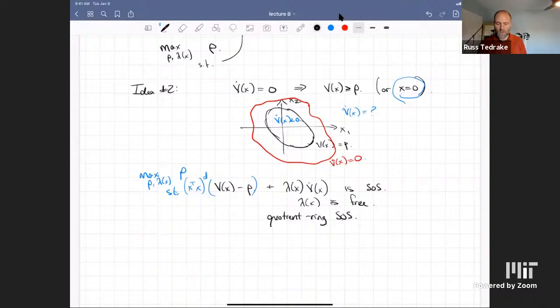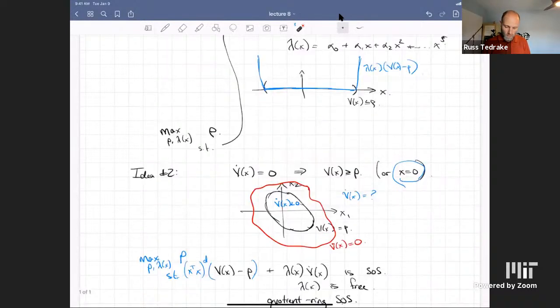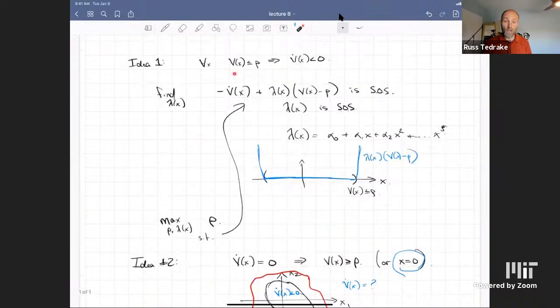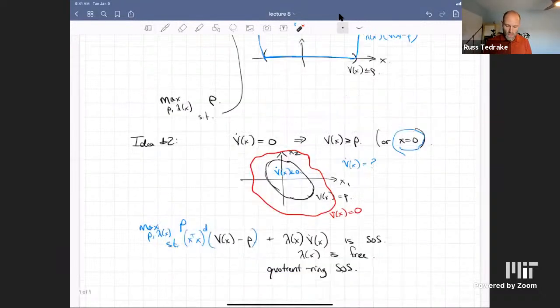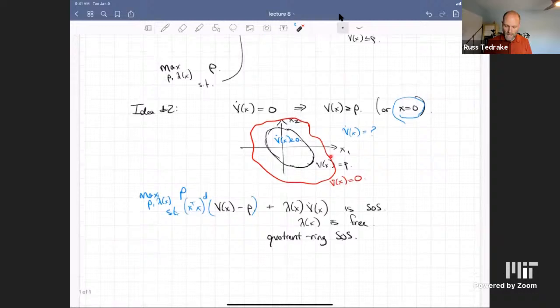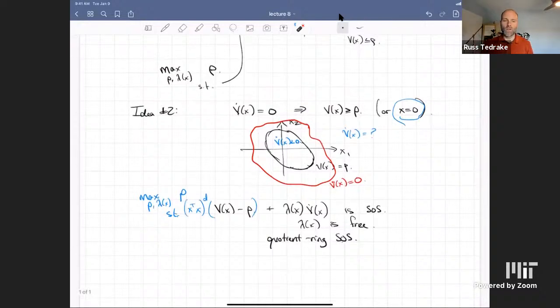And there are really good tools that you can invoke when you're living on this equality constraint instead of an inequality constraint. So this problem up here was living on an inequality constraint, a semi-algebraic set. It had to be verified inside the entire region. This one down here just needs to be verified on some equality. And because of that, you can do cool things.